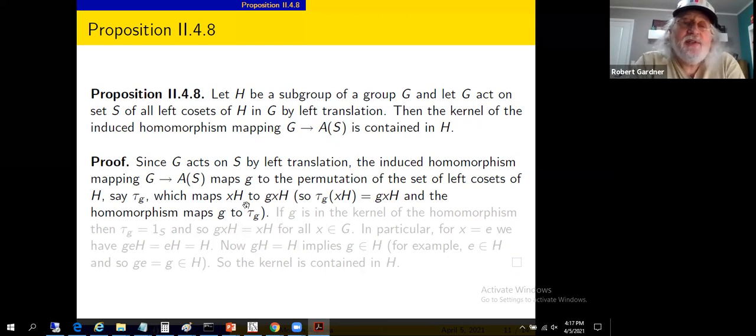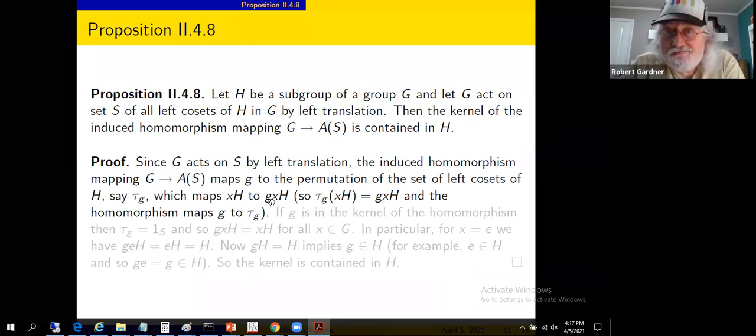It takes left coset xH and applies left translation to it. That is, it multiplies on the left by g. So tau sub g takes xH to gxH.